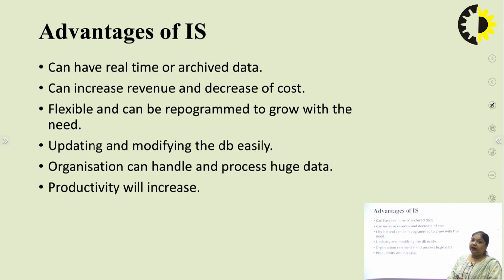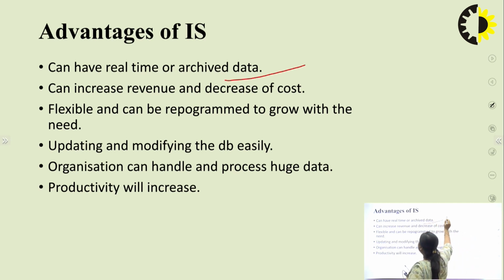Now, what are the advantages of information system? Information system can give real-time or archive data in minimal time. So the leaders, team leaders, managers or directors can have real-time data of their organization, or if they want to see the archive data of the organization, they can see that data in minimal time.